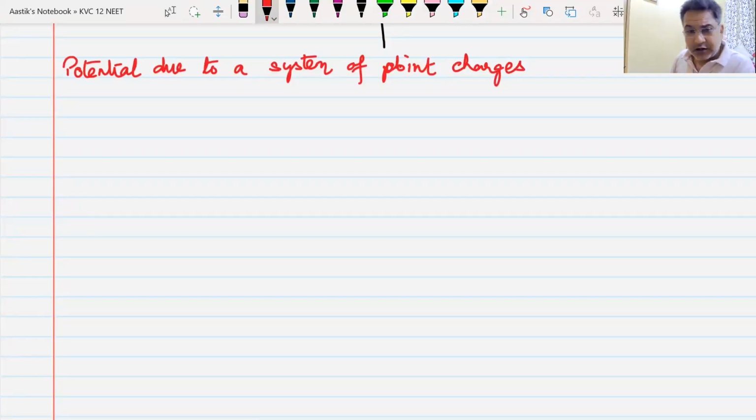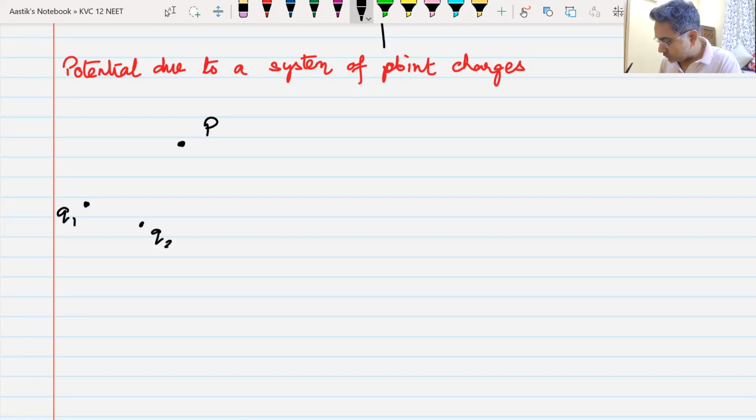Now, how do you find out the potential if you have more than one point charge? For example, this is a point P in space. Then there are a lot of charges, let us say Q1, Q2, Q3, and so on. Now, these charges are going to create their own electric fields.